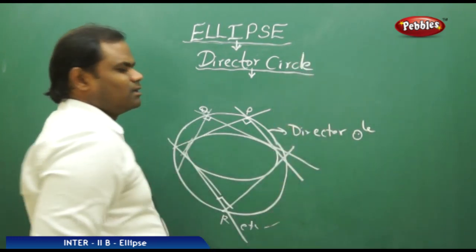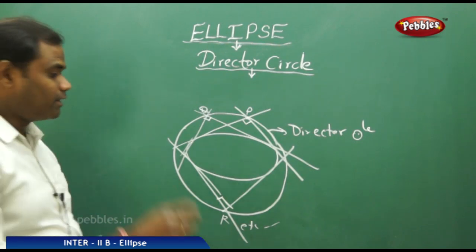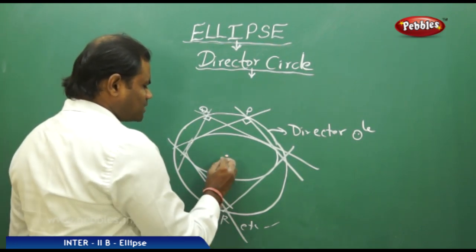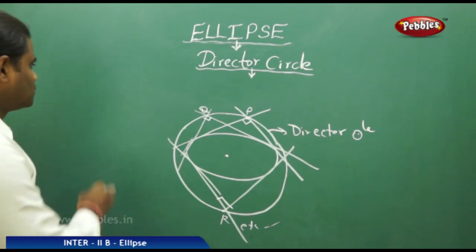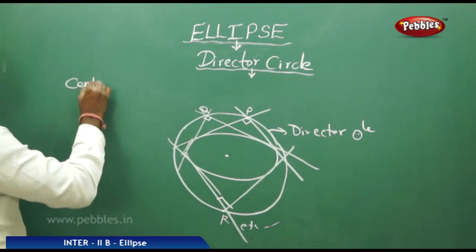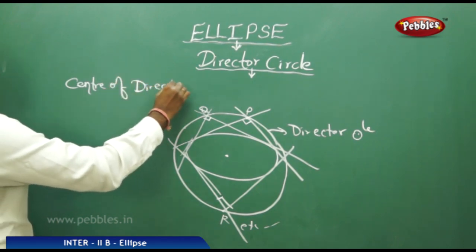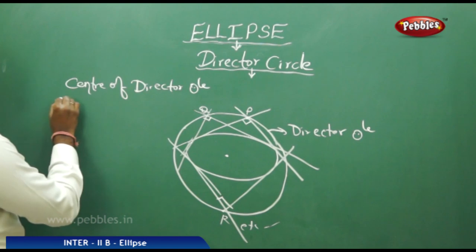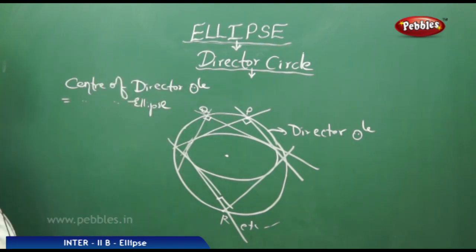And a very important point is the center of ellipse and center of director circle are the same, that is they are concentric. So center of director circle is equal to center of ellipse, is how we identify.